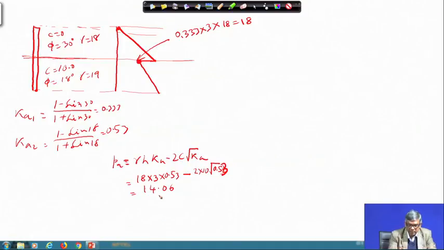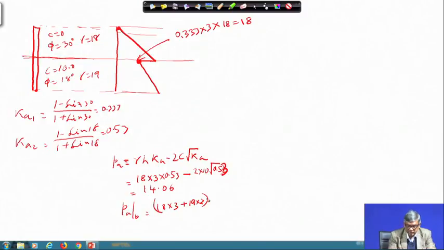So, if I want to find out the value at this point, how can you find out? P A at the base can be found out: 18 into 3 plus 19 into 3.